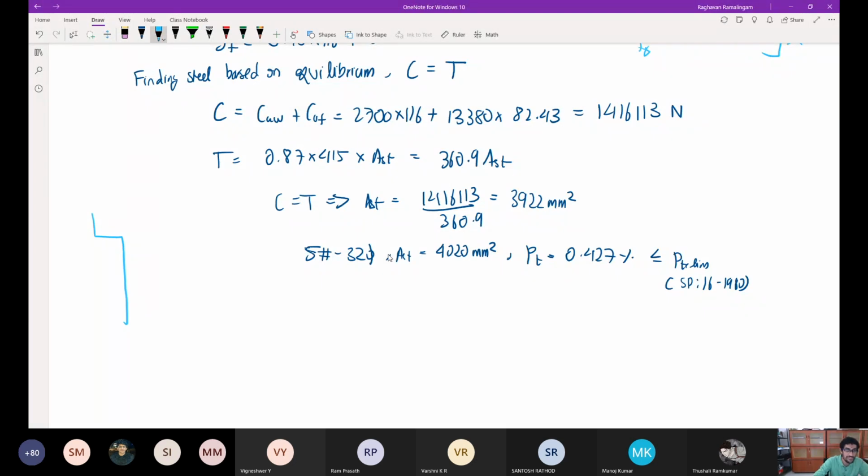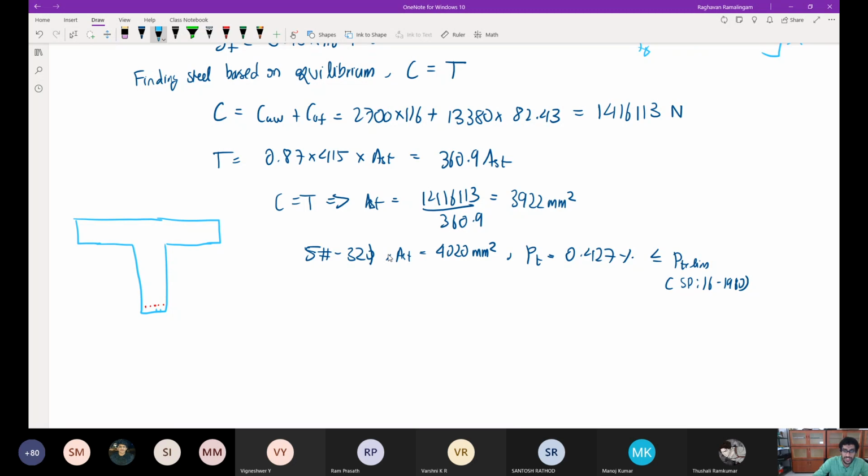So finally, this is what my beam would look like. Only thing is we have 5 numbers of 32 mm diameter bars. With this 300, you can give all the 5 within one line itself.